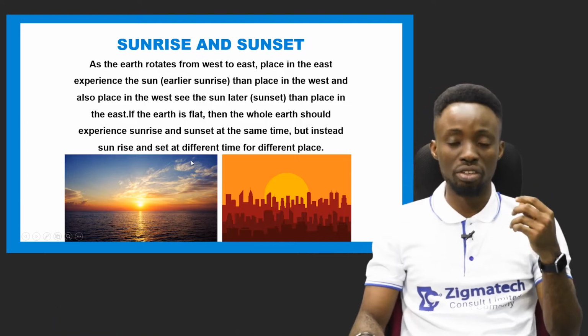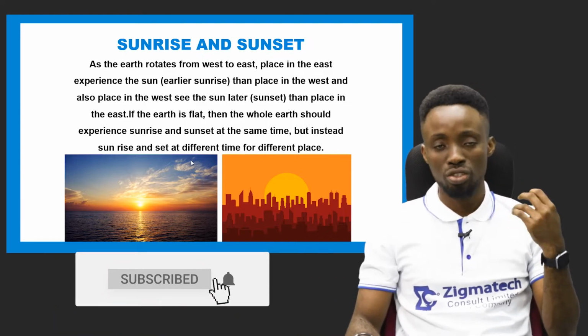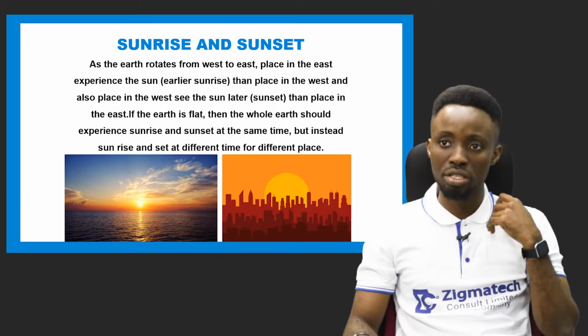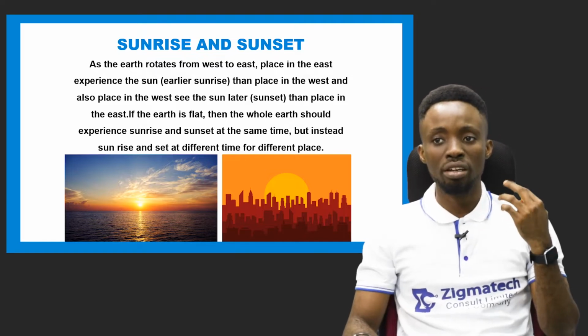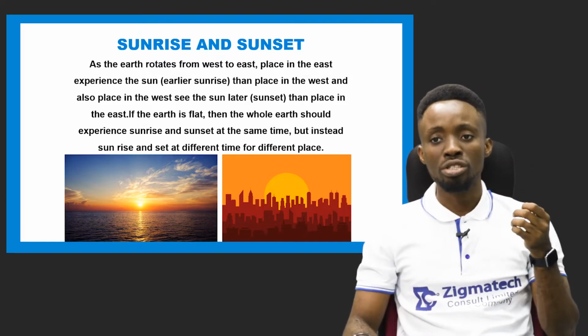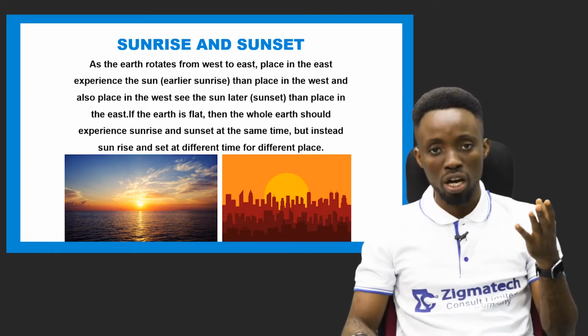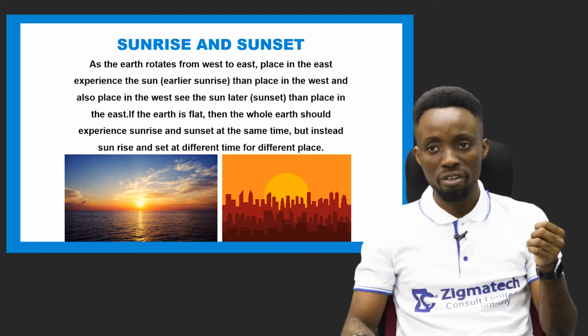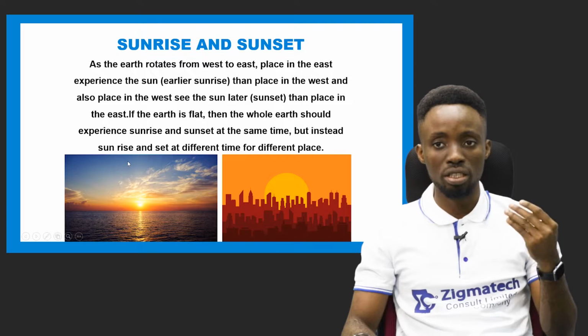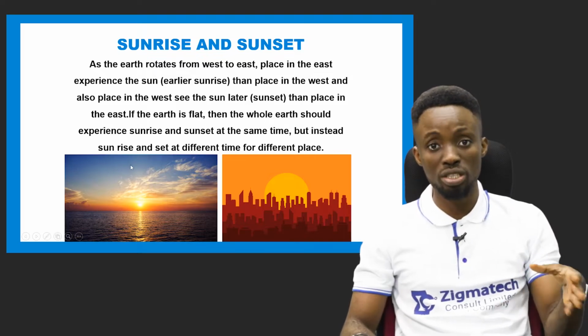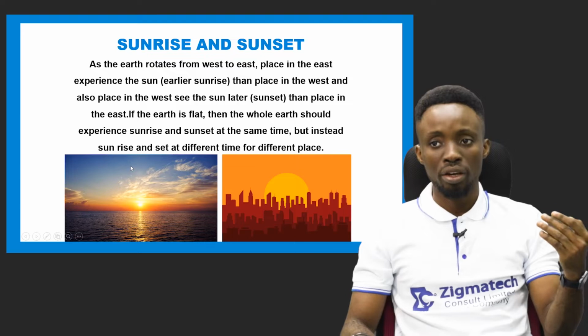The next evidence is the evidence of sunrise and sunset. As the Earth is rotating from west to east, you discover that in the morning, people in the east will experience sunrise. The sun will rise from the east and it will set in the west. That means people in the west will see the sunset later in the day.